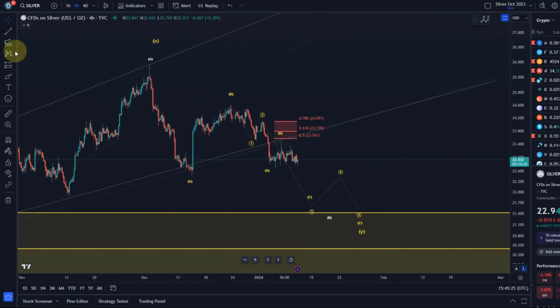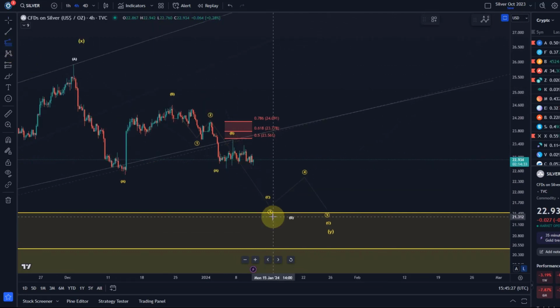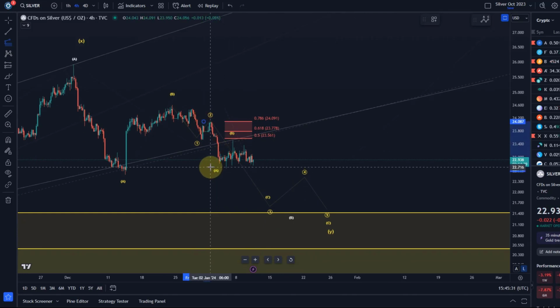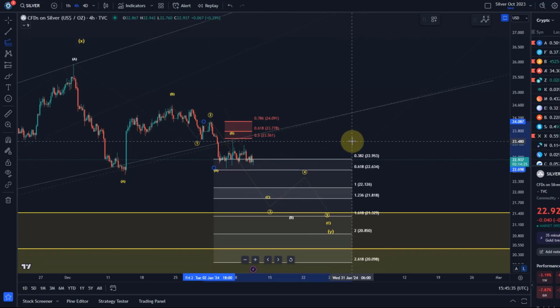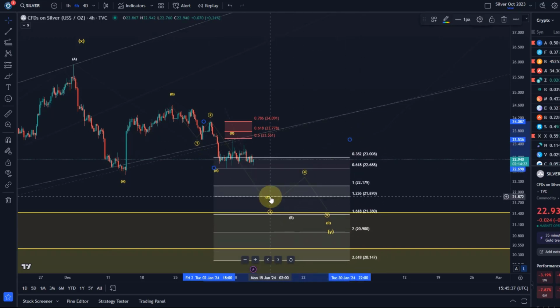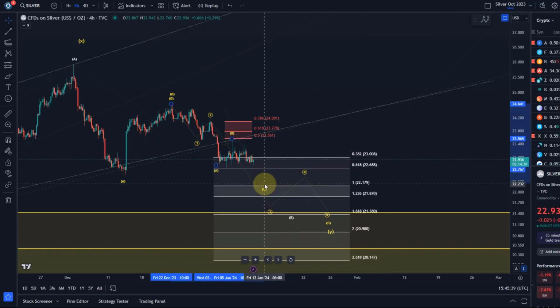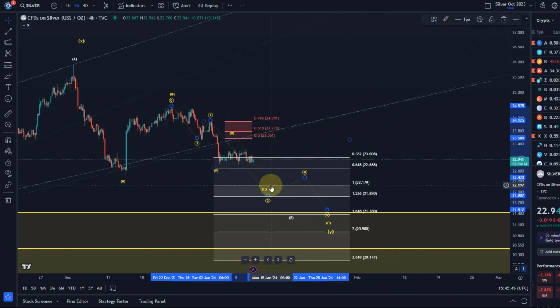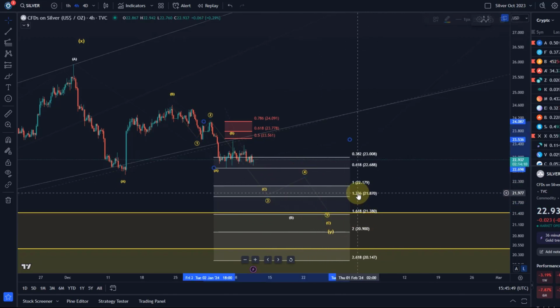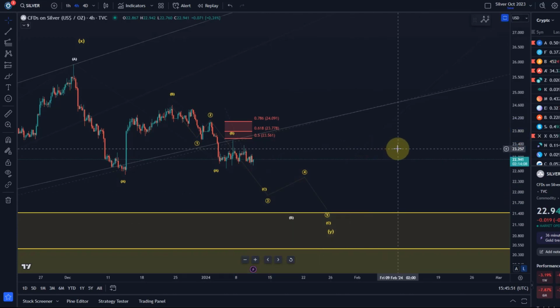If this next drop could finish off the wave 3, what would be a possible target? A possible target for wave C of 3 starts at $22.17, maybe even $21.87. That's what I'm watching. Then a 4 and a 5 could reach that $21.40 level roughly.